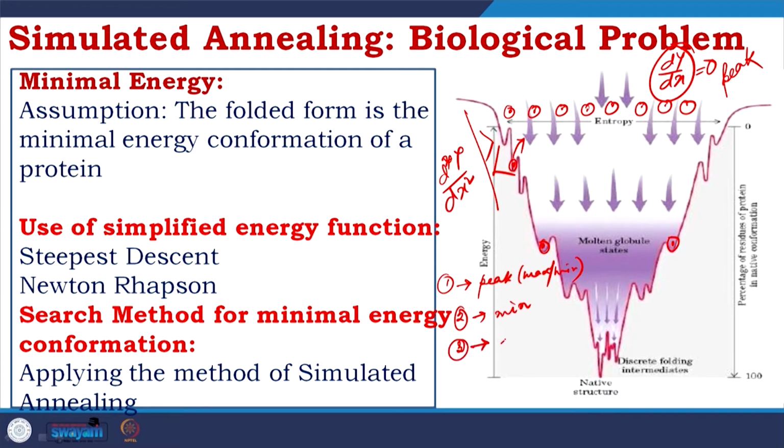Now you calculate the energy. Suppose you get minus 5 kilocalorie. You repeat the process and in the next you get minus 7 kilocalorie. So, minus 7 kilocalorie means you are in a better minima than the other one. You do not know whether this one is a local minima or not, so you again do the cycle, and because you need to perform this cycle, we call it iteration.